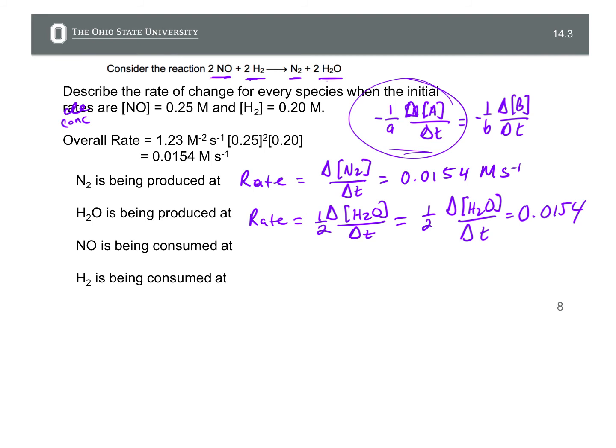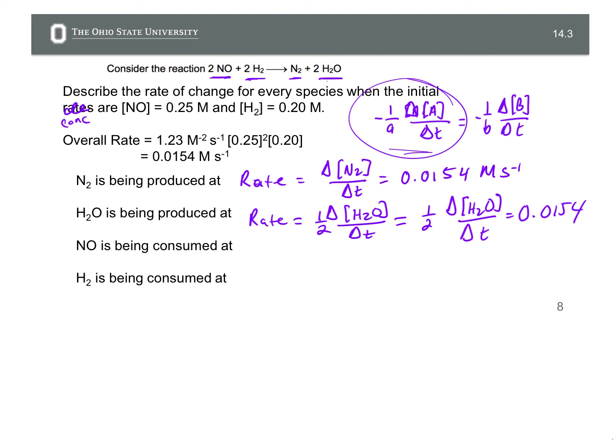So what I ended up doing here is putting in this value, setting it equal to the rate, which is equal to 1/2 times this factor. Does that make sense? And we're solving for this, delta H2O over delta T. Sorry for being confusing there.